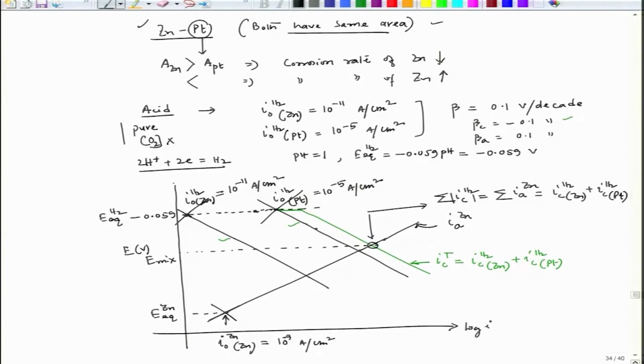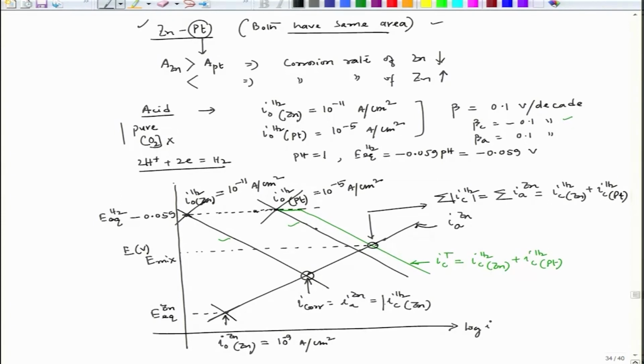Now, we could see that if platinum is not there, only zinc is present, in that case this will be my I corr equal to IA zinc equal to IC hydrogen over zinc surface.